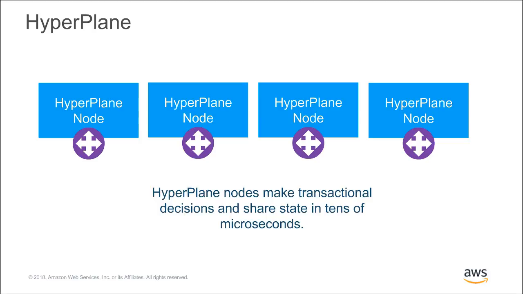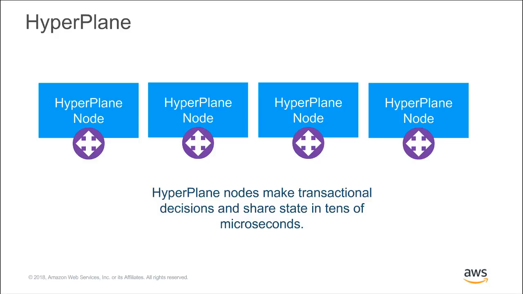They're fault tolerant and redundant and scaling and so on, but they're also making transactional decisions. So when you create an endpoint, a virtual Hyperplane resource is being created for that, and that's mapped to several Hyperplane nodes.